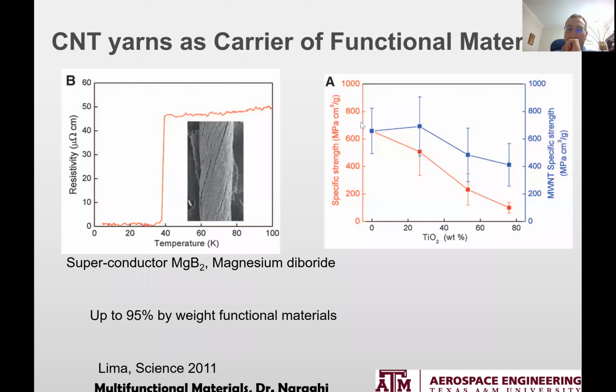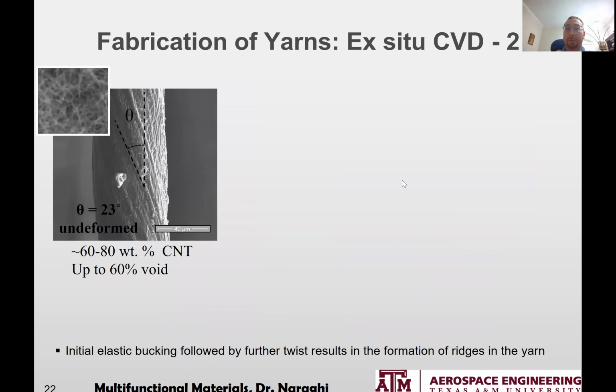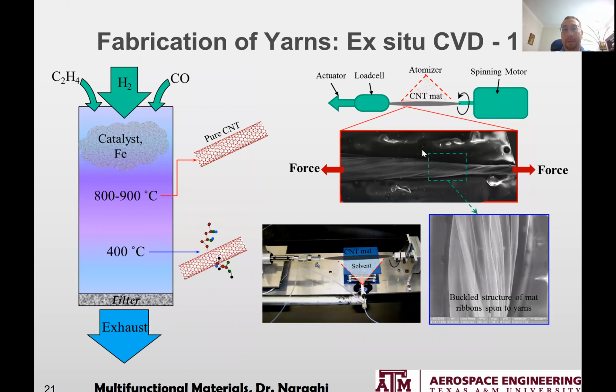In this case, we used a different approach to make carbon nanotube yarns. The whole idea behind it was that we have the CVD approach to make the carbon nanotubes, and we get mats of them, and then we scroll mats, we roll them up into individual yarns.